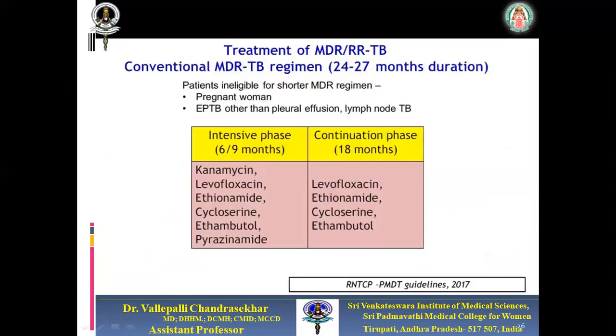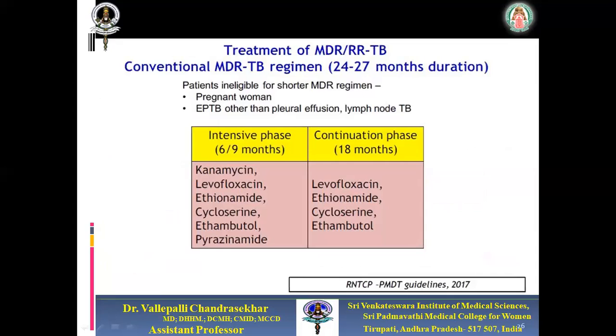So we will move into the next variety of regimen. This is a conventional multi-drug resistant TB regimen, which we give generally. The duration is 24 to 27 months. Again, there are exclusion criteria like the shorter regimen. We will exclude all pregnant women and all extrapulmonary tuberculosis cases other than pleural effusion and lymph node TB.